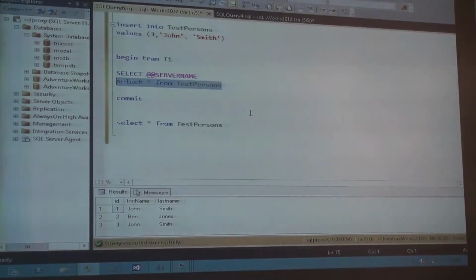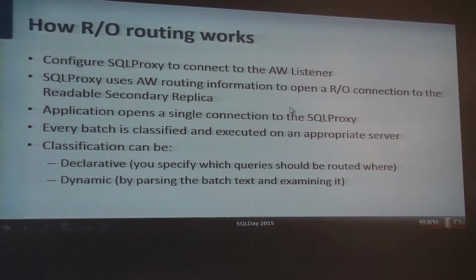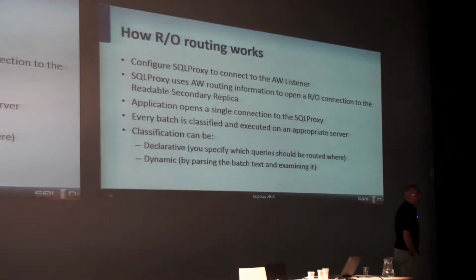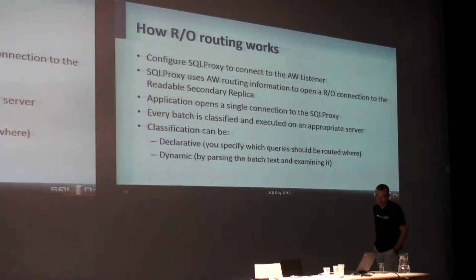But the redo thread now has to redo your transaction and actually physically insert those rows. So there's a tiny gap between I insert a row here and I see that row on the other side, right? So if your application can live with that, you're good. If not, we have some other solutions in mind to make it happen. So that would be routing, just a simple demo. One connection from an application perspective, 2 servers behind, and queries being executed on different servers.